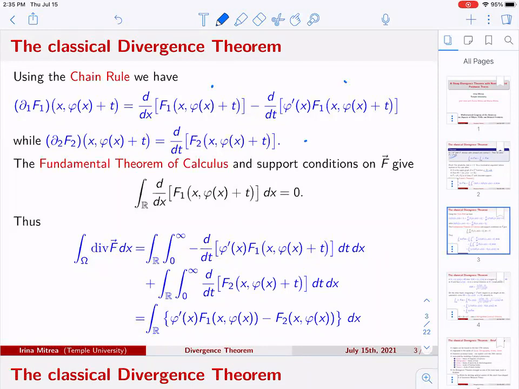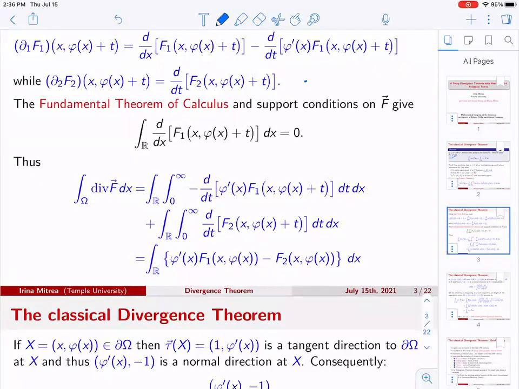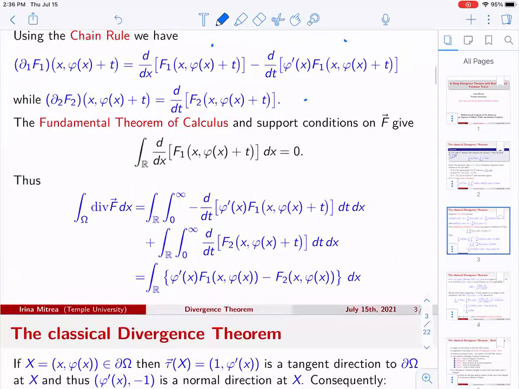However, the integral over the real line of the first term, the differential with respect to x of F1, is simply going to be 0 due to the fundamental theorem of calculus and the support conditions that we have for the vector field F. So when we're integrating the divergence, we're simply left with the contributions of these two terms, since the other one contributes 0.